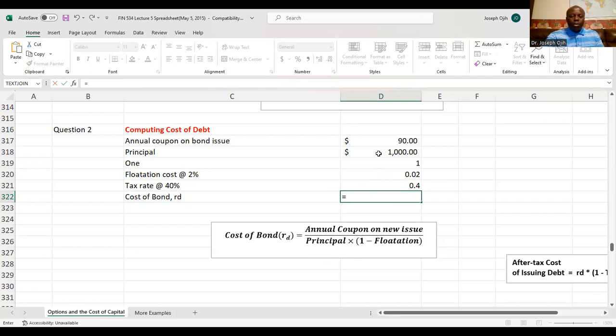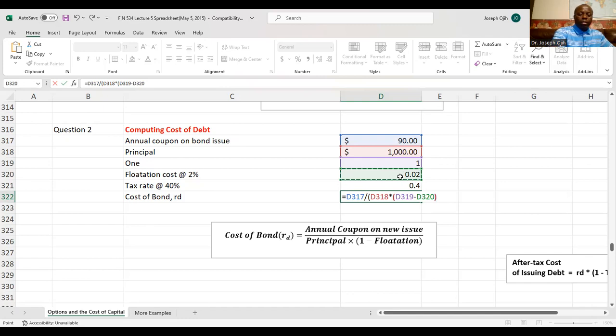So that means the annual coupon, $90, divided by, remember that the slash means divided in Excel, the principal, which is $1,000, times 1 minus the cost of flotation.